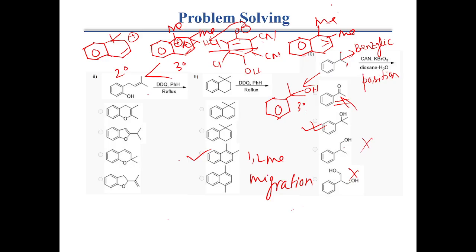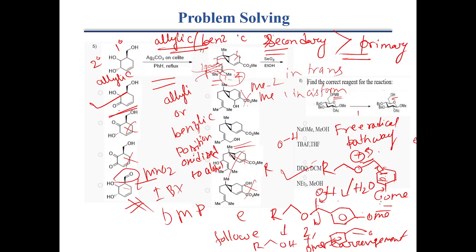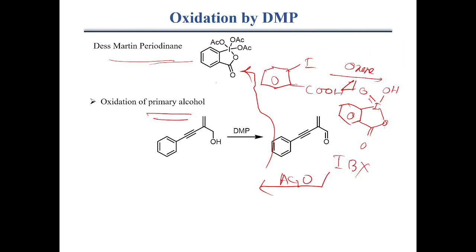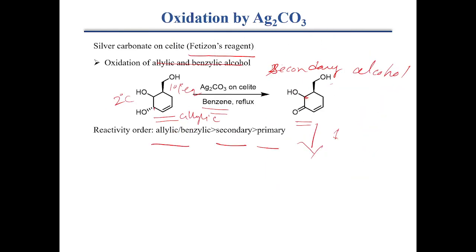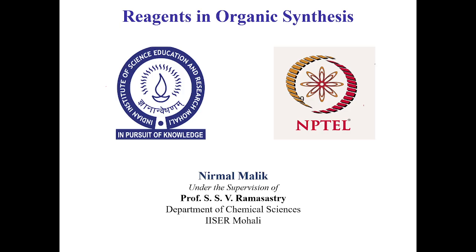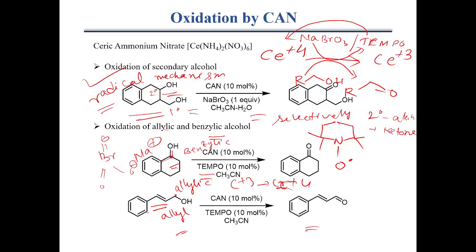So this is today's lecture, a problem solving class. If I summarize this, first I discussed the cerium ammonium nitrate oxidation reaction. Cerium plus 4 goes to plus 3 and oxidizes alcohol, benzylic or allylic position to aldehyde or ketone.